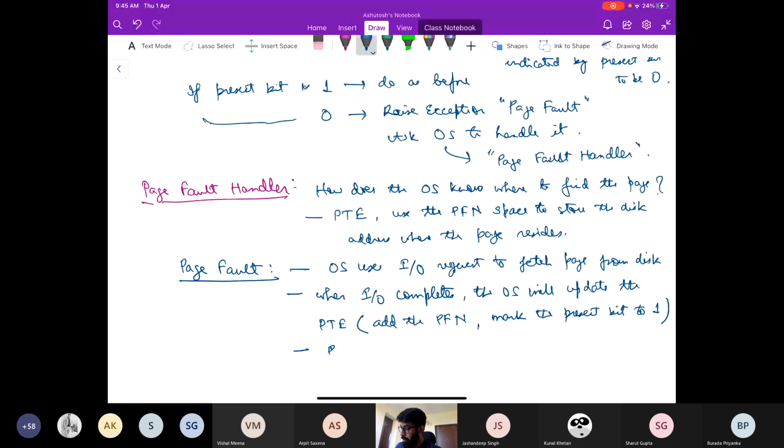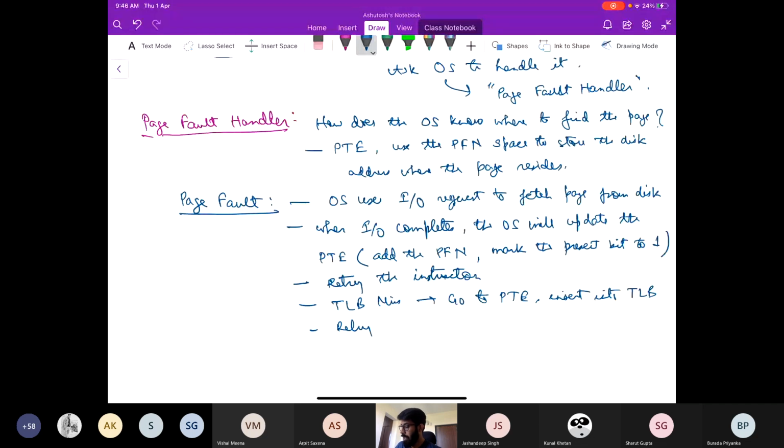So it might go to a TLB miss, then go to the page table entry, insert into the TLB, and then again retry. And this time you'll get a TLB hit, and then you process as usual. So this is the control flow.